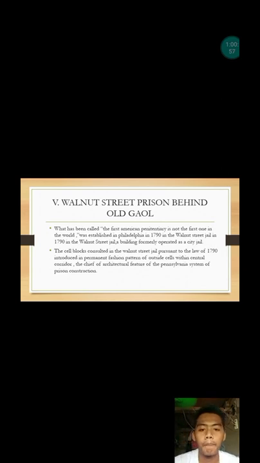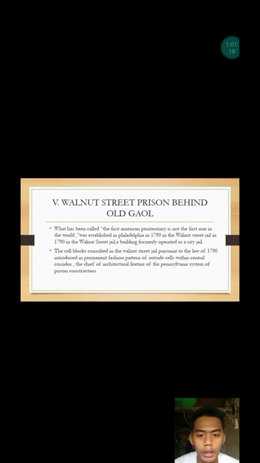Walnut Street Prison, behind the Old Gaol. What has been called the first American penitentiary is not the first one in the world. It was established in Philadelphia in 1790 in the Walnut Street jail, a building formerly operated as a city jail.